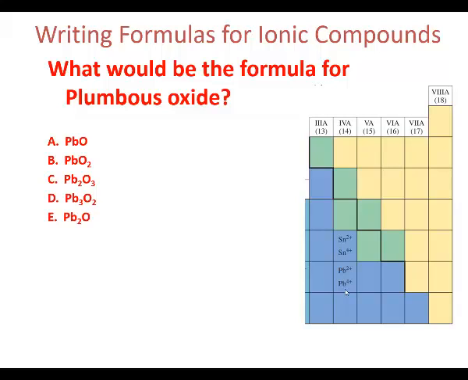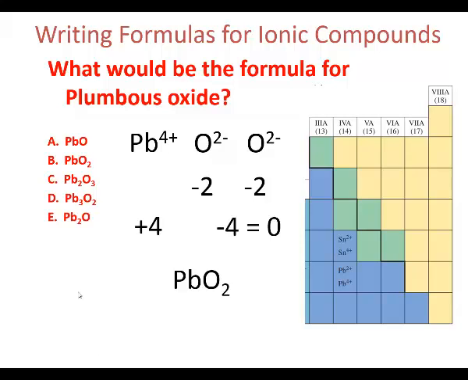Okay, so in this case we would end up seeing my lead(II) cation, and I would have 1 oxide, so the best answer for this one would be A. It would be a +2 lead and oxide with a -2 charge. I'm going to skip ahead. There's actually a typo in the charge here, so ignore that charge right now. We'll look at the next one.